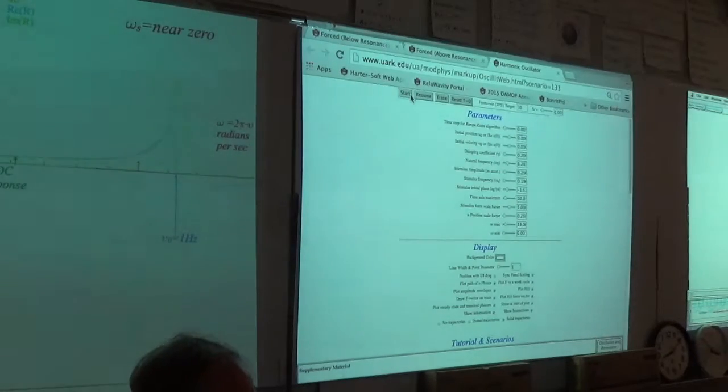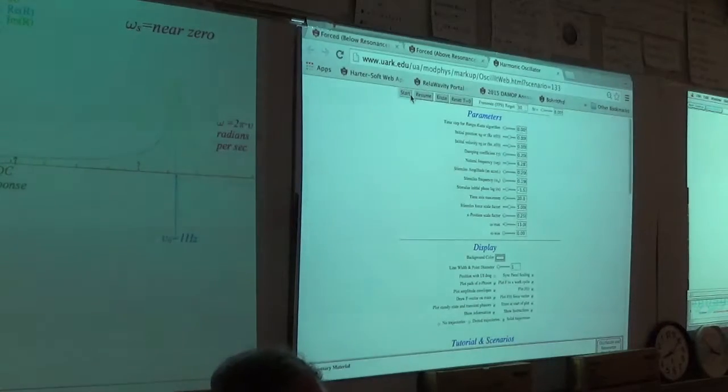I just want to make it slower, but I think you see basically what's happening there, and that is that the response is basically in phase with the force. Now I want to see if I can reduce the time on this thing. The time step here is a little too fast, so let me take something away from that.